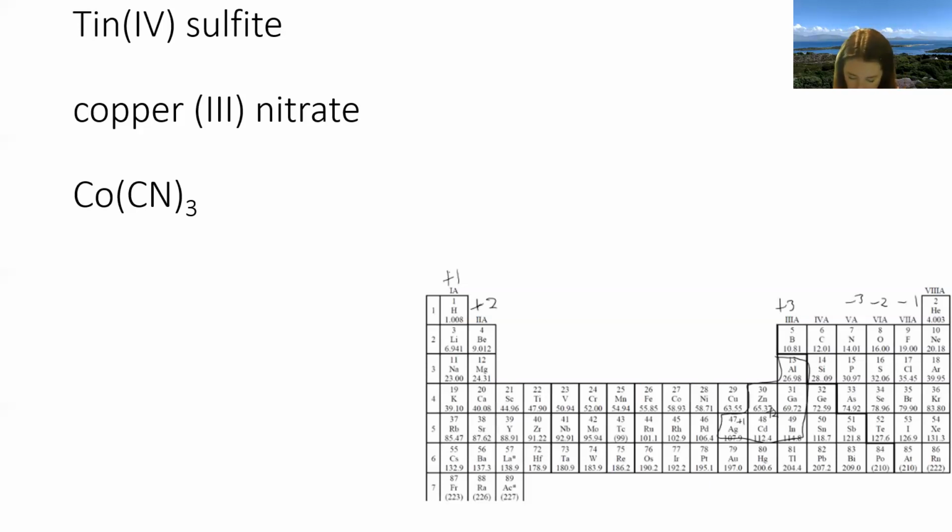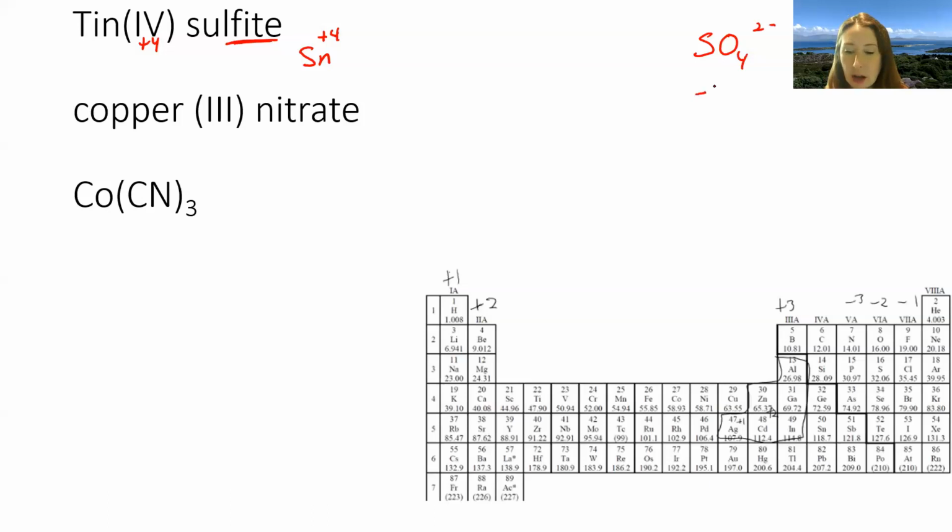Okay, so tin 4 sulfite. So this is just going the other way. So tin 4 just means, here's tin. This means +4. It doesn't mean there's 4 tins. It means the charge of tin is +4. Sulfite, I don't know what sulfite is, but I memorized sulfate.